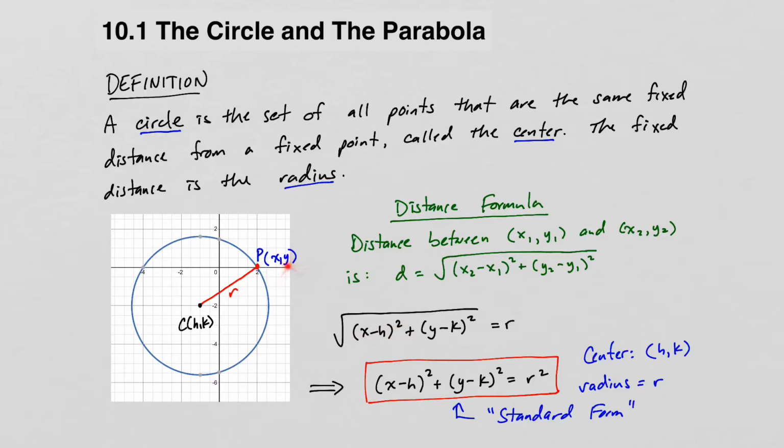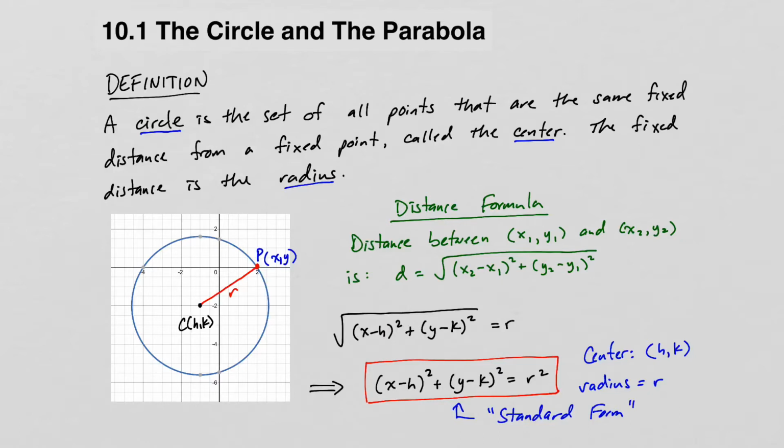You take the y values, which are y and k, subtract those and square it, add those together, and then the square root of that whole thing is equal to the distance between those 2 points. And again, we know that distance is what we're calling r, which stands for the radius. So this comes directly from the distance formula.